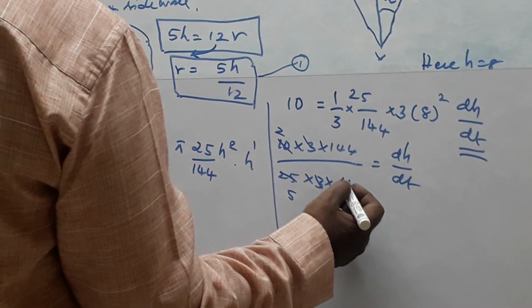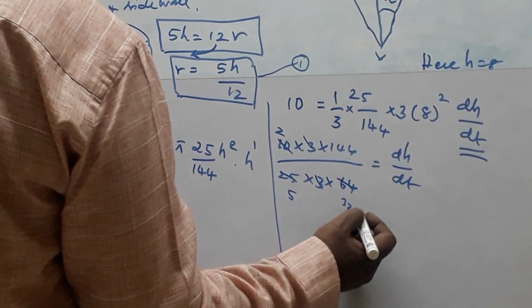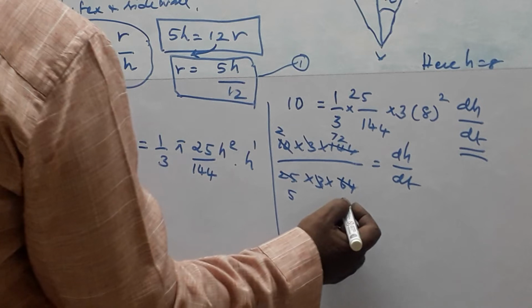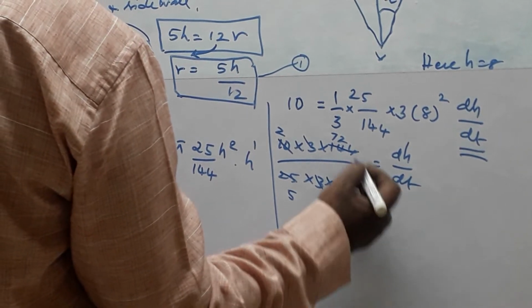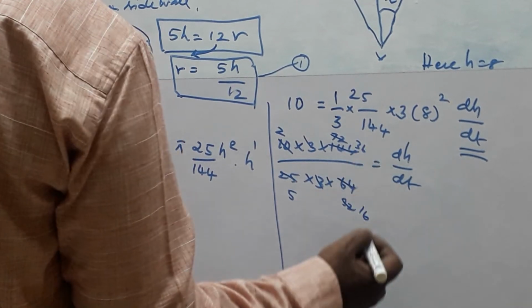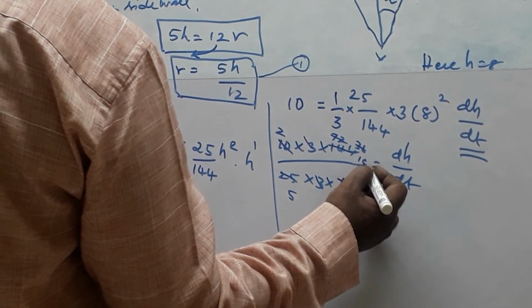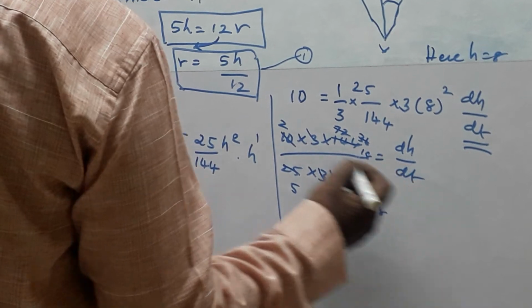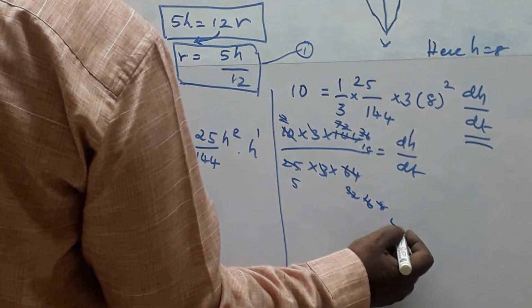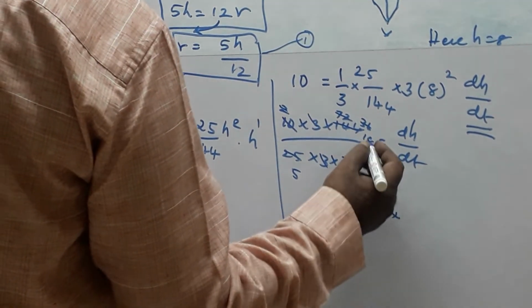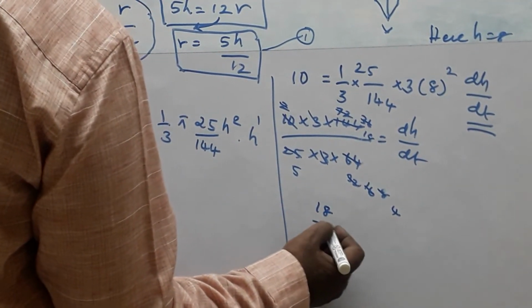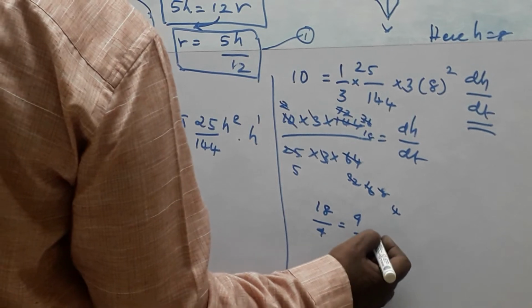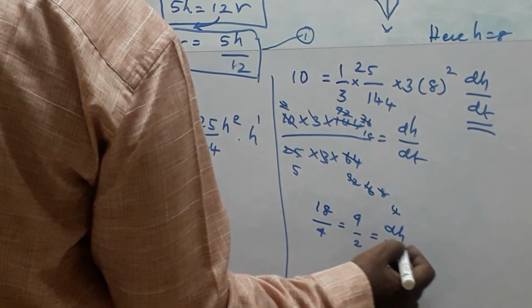Simplifying, 18 by 4, or simply you can write 9 by 2 equal to dh by dt.